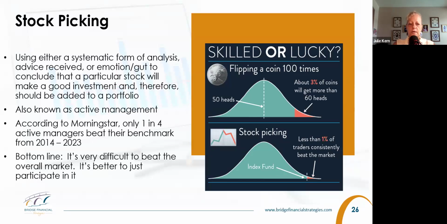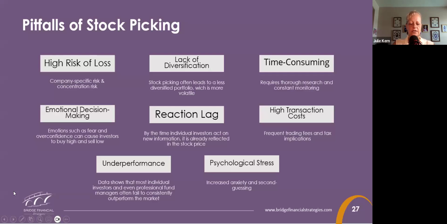So why would you want to pay more to have worse performance when you could just participate in the market and get whatever the benchmark is providing? So get whatever the market's giving at a low cost. So the bottom line is it's very difficult to beat the overall market. You're basically putting yourself against everybody else and trying to be the winner every time, and you just can't do it. It's so much better to just participate in the market.